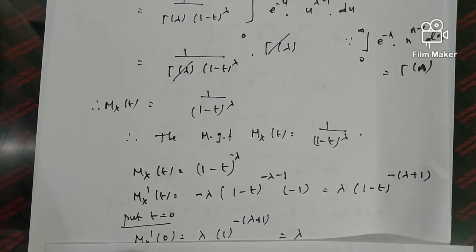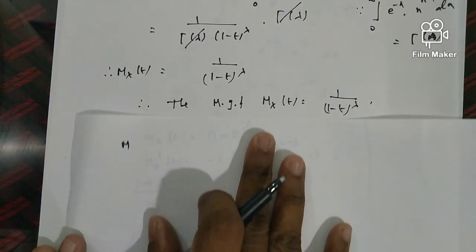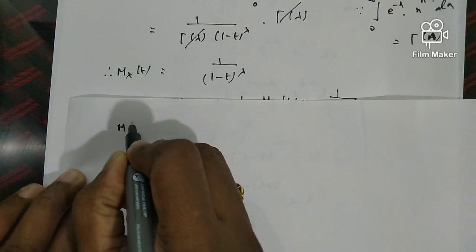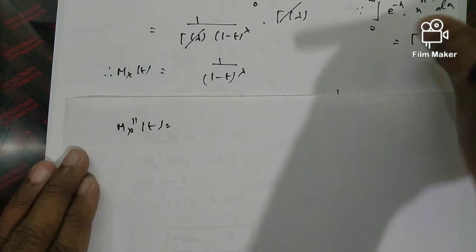So again differentiating this with respect to t, what will happen? Mx double dash of t is equal to, what is here?